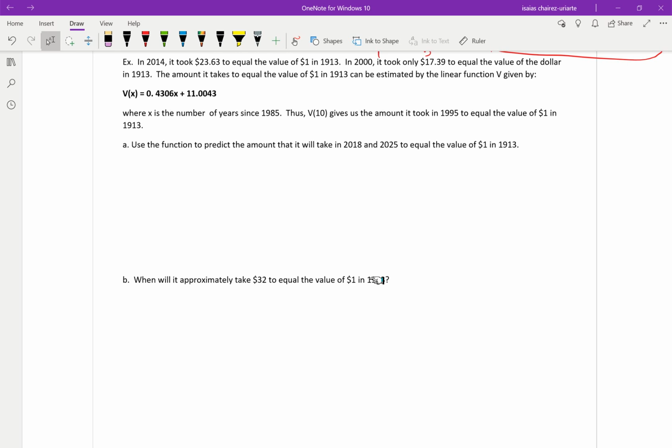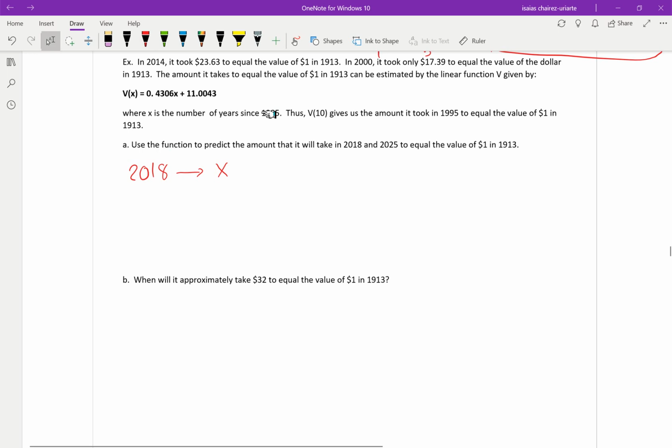So I want to use the function to predict the amount that it will take in 2018. So the year 2018, that corresponds to, so remember, the value x, the input for this function, is the number of years since 1985. So what's x? If the year is 2018, how many years since 1985 is that?